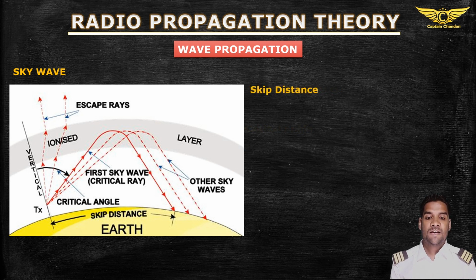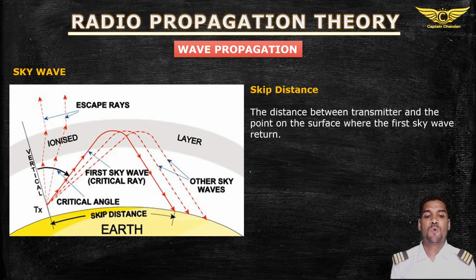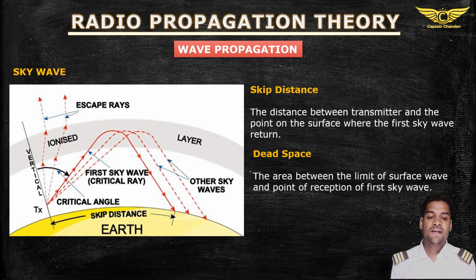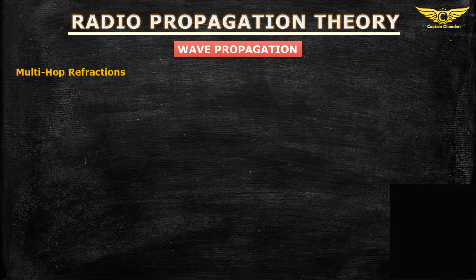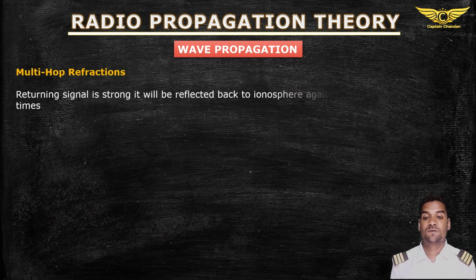Skip distance. The distance between the transmitter and the point on the surface where the first sky wave returns is called skip distance. Dead space. The area between the end of the surface wave and the point of reception of the first sky wave is called dead space. Multi-hop refraction.